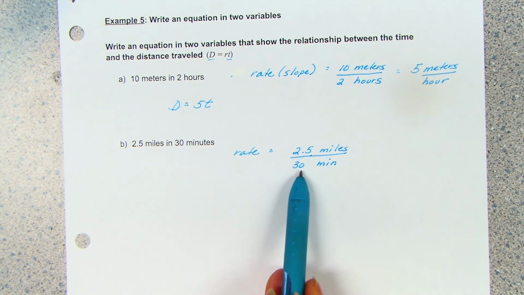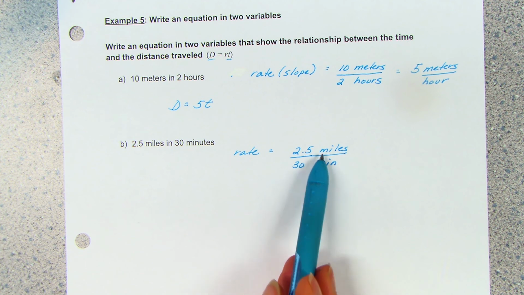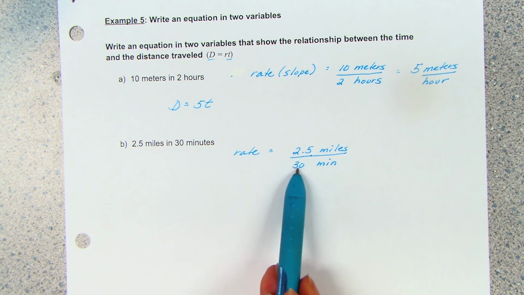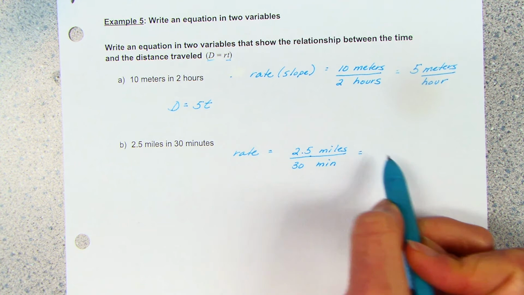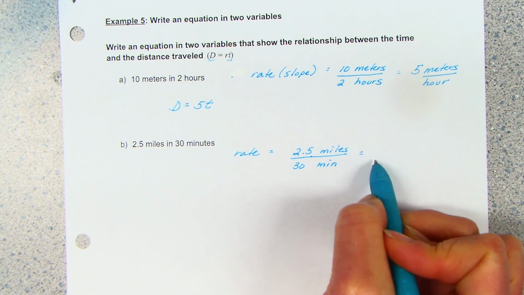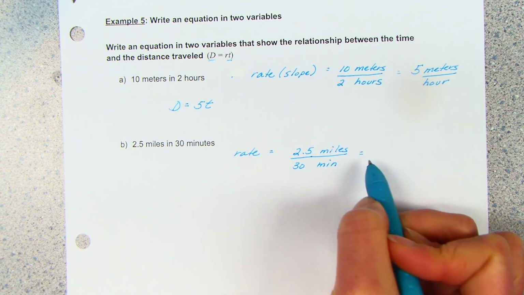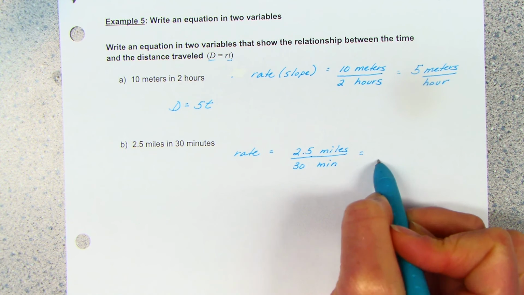I think we should change this into hours. I think that will make more sense. We usually talk about miles per hour, not miles per minute. That's not going to be very many miles if we change it into minutes. So let's go up. So maybe I'll do 2 steps.